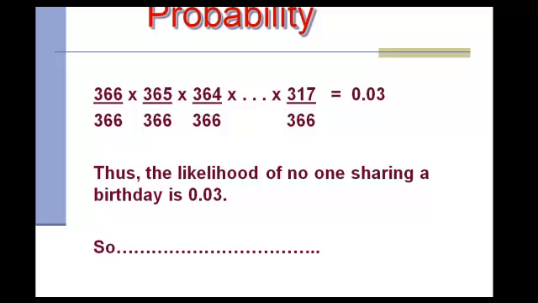So the probability of no one sharing a birthday mathematically works out to about 3%. If the probability that nobody's sharing a birthday among those 50 people in the room is 3%, that means the probability of at least 2 sharing a birthday must be 1 minus that, or the 97% that I've already referred to.